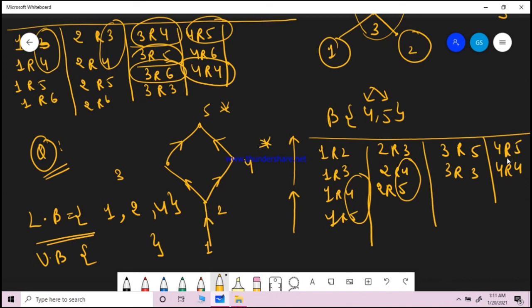Your upper bound will be anything that leads you to 5. So 4 is related to 4 and 4 is related to 5 also.